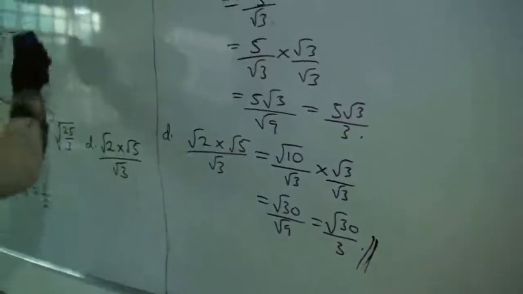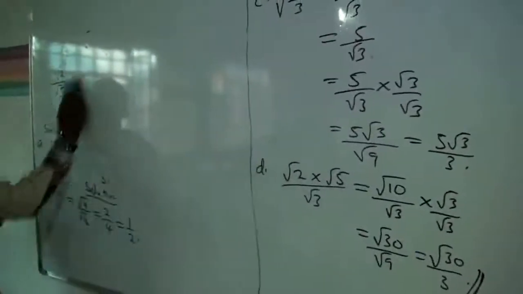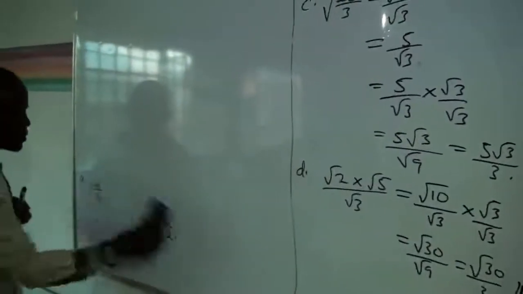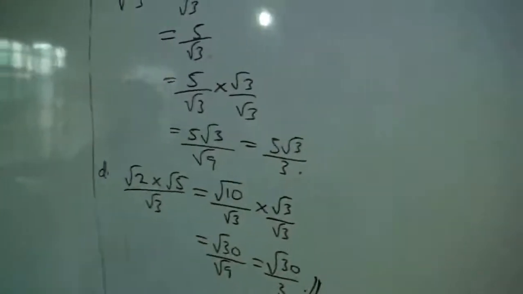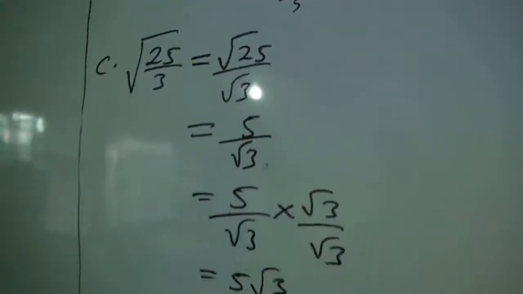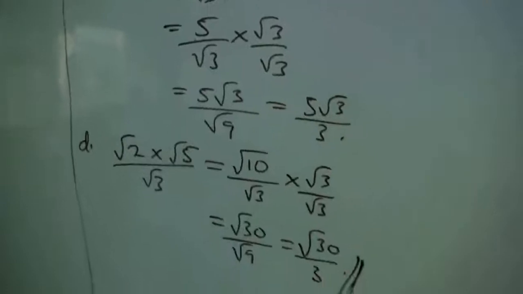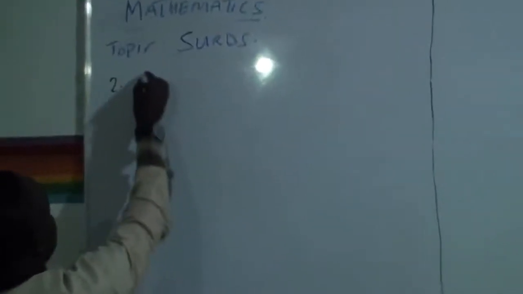But before we finally stop as we pause this one, let's take one more example that will involve all the basic concepts. Let's say example 2 that involves division of surds.